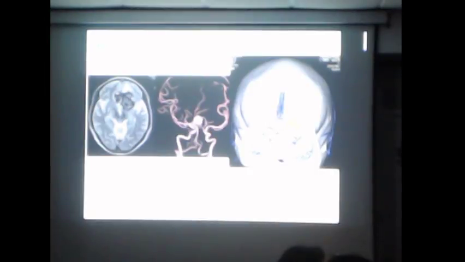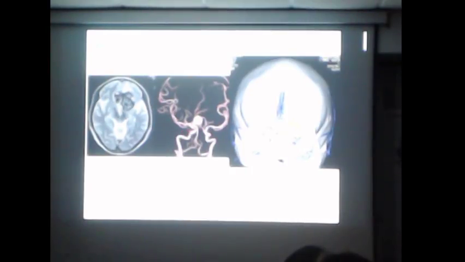The third case is the most huge aneurysm case. A 40-year-old female presented with dull headache. MRI showed a partially thrombosed 51 millimeter aneurysm, mainly at the left side frontal base.